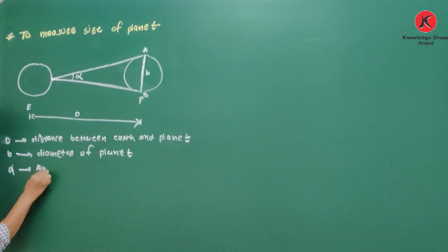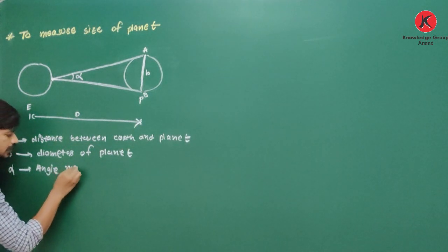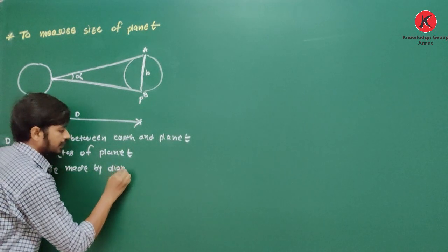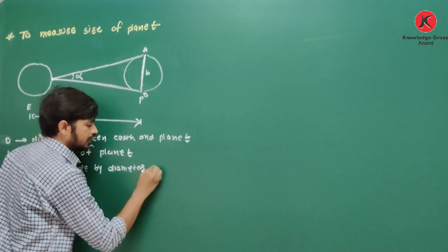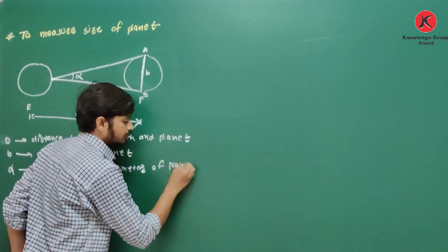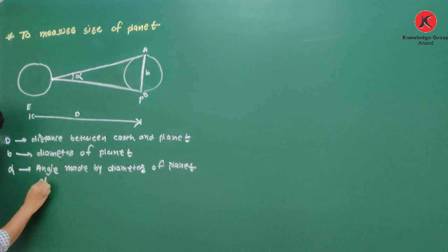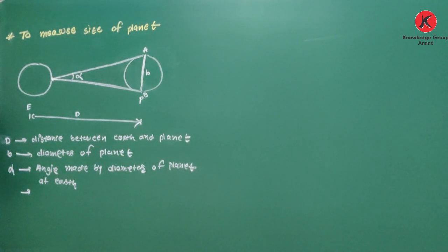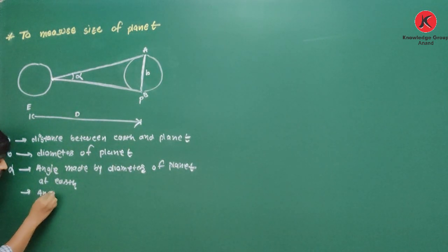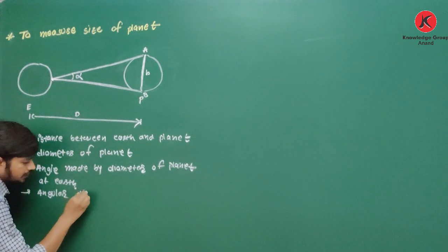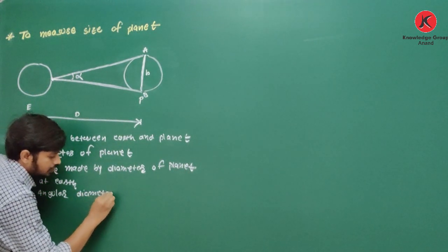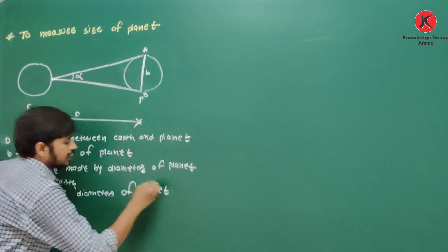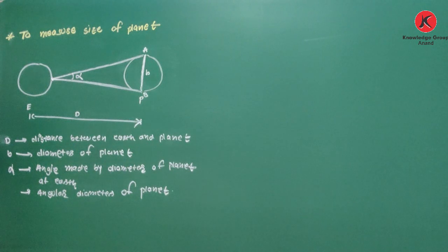Alpha is the angle made by the diameter of the planet at Earth, and it is also called the angular diameter of the planet.